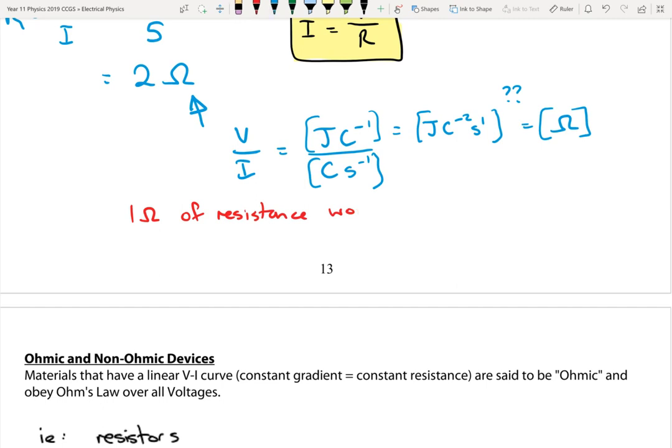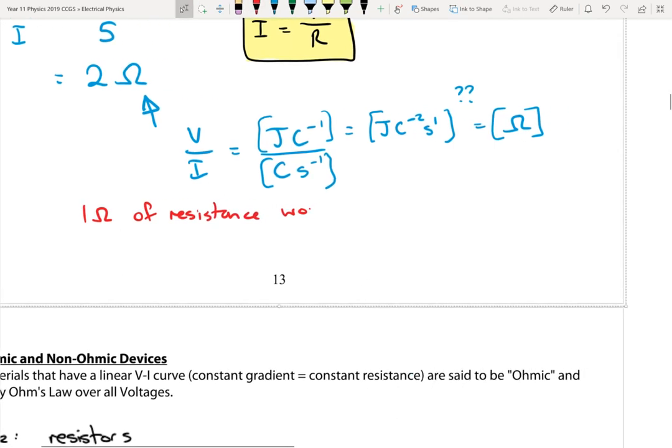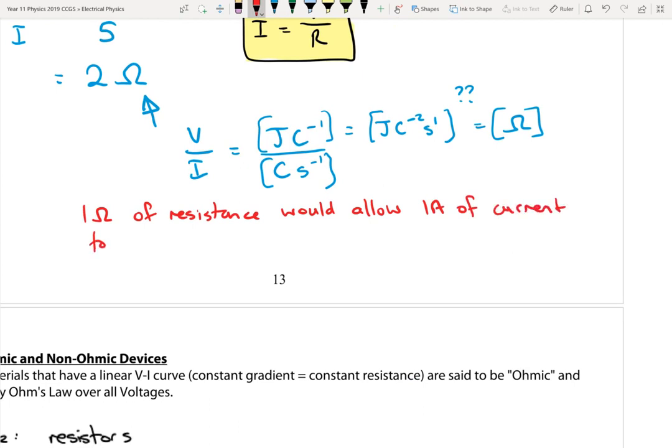1 ohm of electrical resistance would allow 1 amp of current. I mean, there's no real way to explain what 1 ohm is.